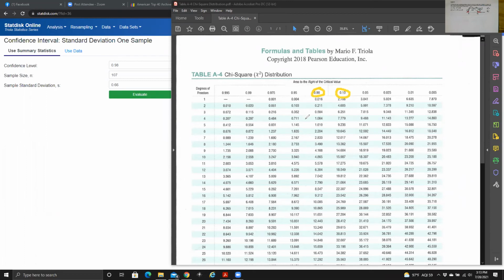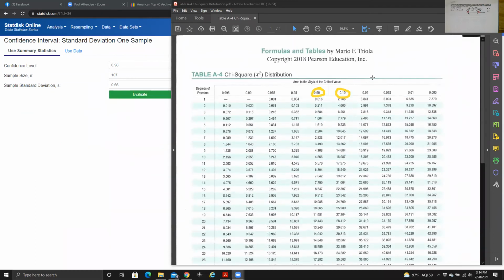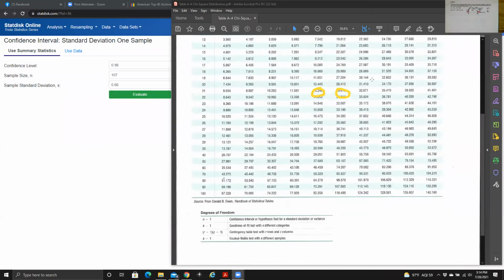Now, there's no 69 degrees of freedom here, so we're going to have to use a conservative number, let's use 70. So 70 is right here, and I'll go ahead and highlight that.